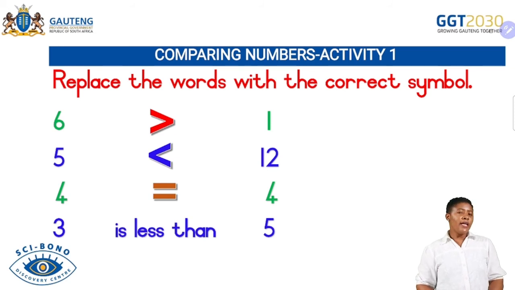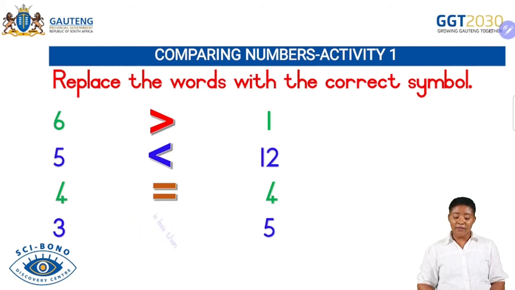And then we have number 3. Number 3 is less than number 5. Can you see? Which sign are we using? Look at your sign. This is the sign that we use to show that 3 is less than number 5.